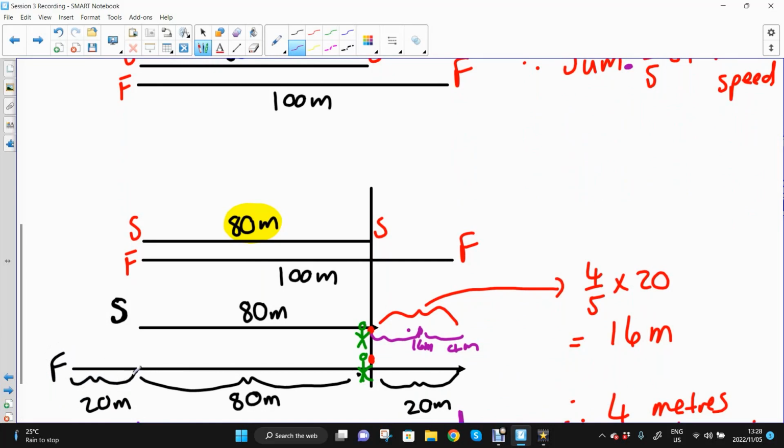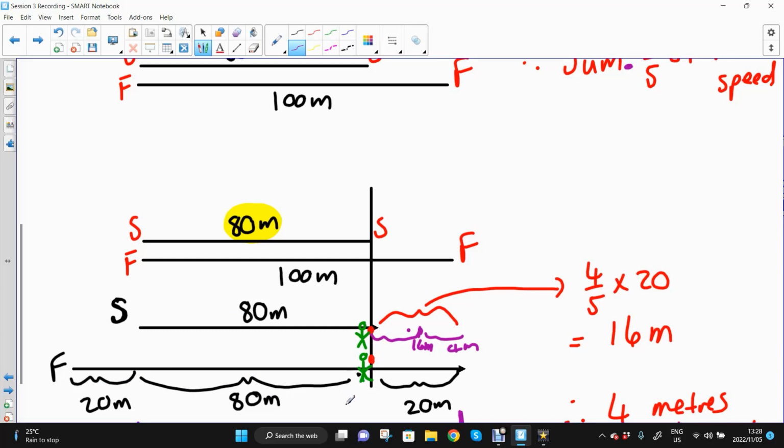And then we know that as soon as Farida runs a full total of 100 meters, that's going to be the same as Sumaya running 80 meters. So after 20 meters and another 80 meters, the two are exactly next to one another. They are lined up.